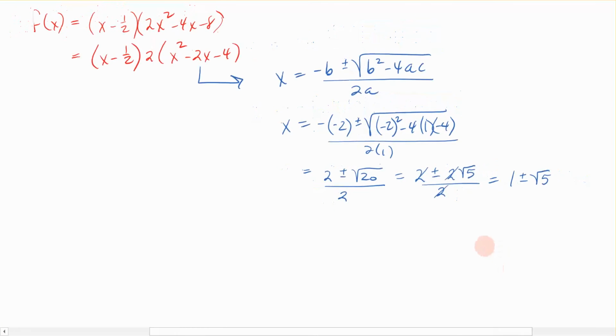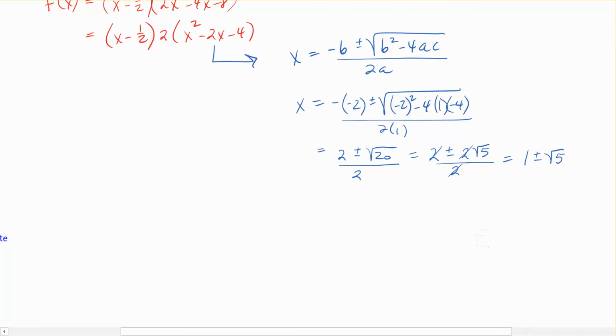Now let's go back and rewrite this. I'm going to come way down here and rewrite this as f of x equals my original factor from the table.